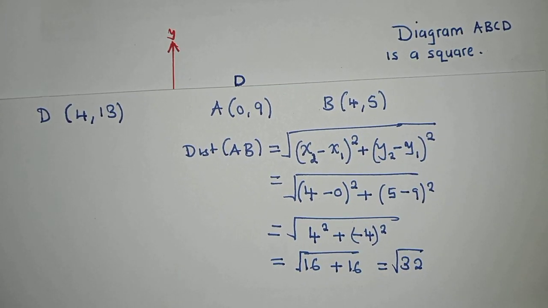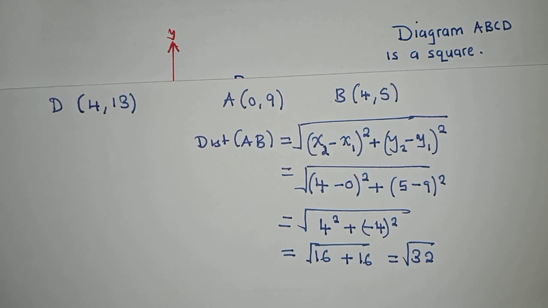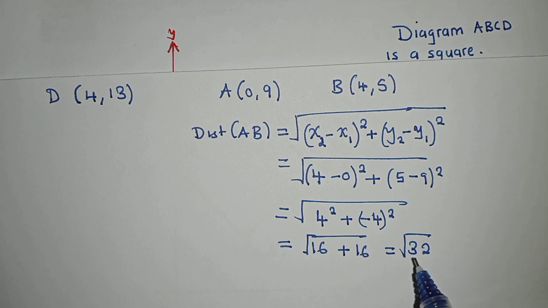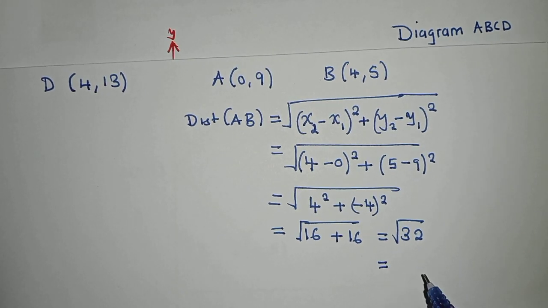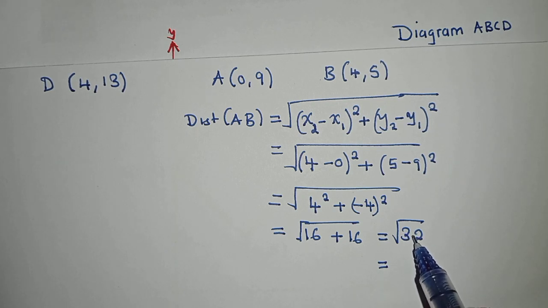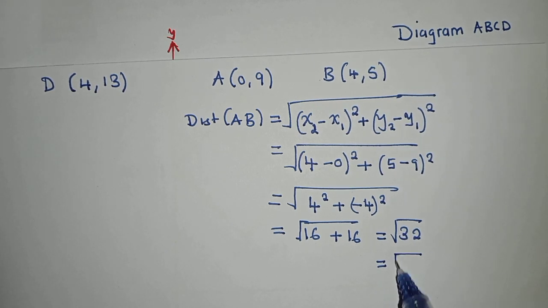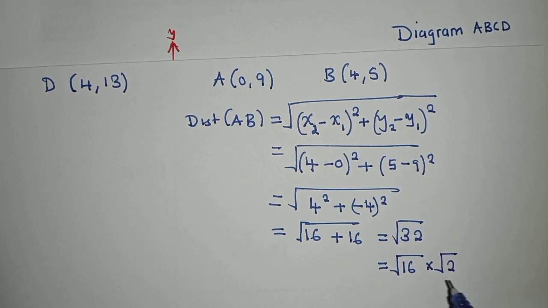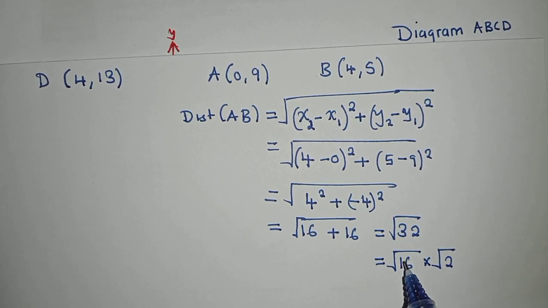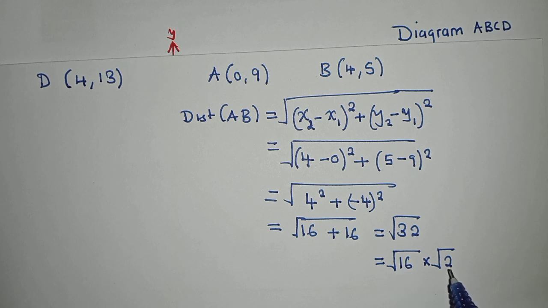So this is the distance, the square root of 32. If you want, you can separate it: the square root of 16 times the square root of 2, because 16 times 2 is 32. If you write it like this, it's the same.